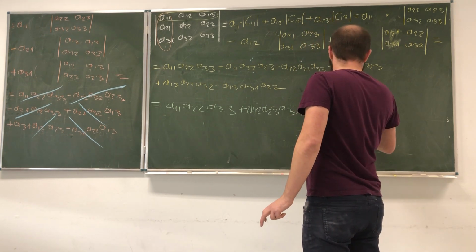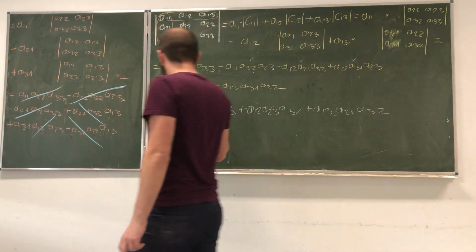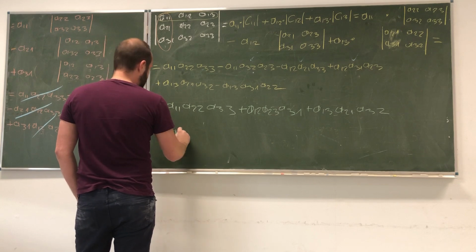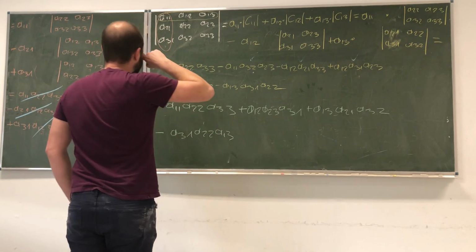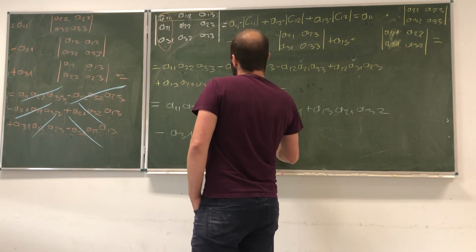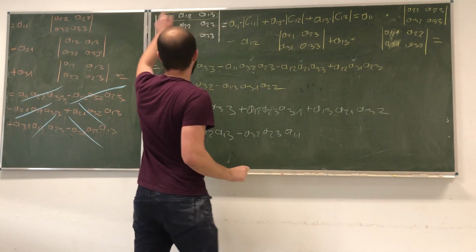A13, A21, A32. Now we will be subtracting, so we go in the opposite direction. We've got A31, A22, A13. Then we've got minus A32, A23, A11. This, and this.